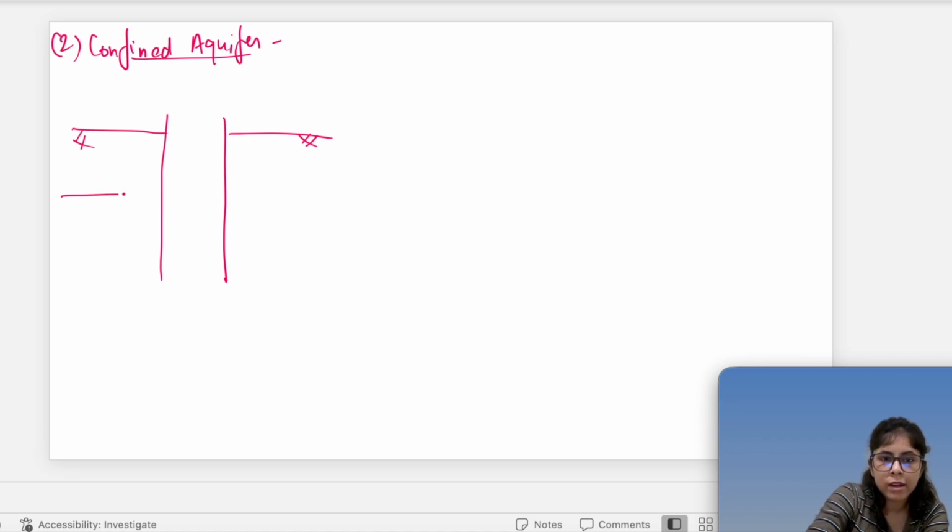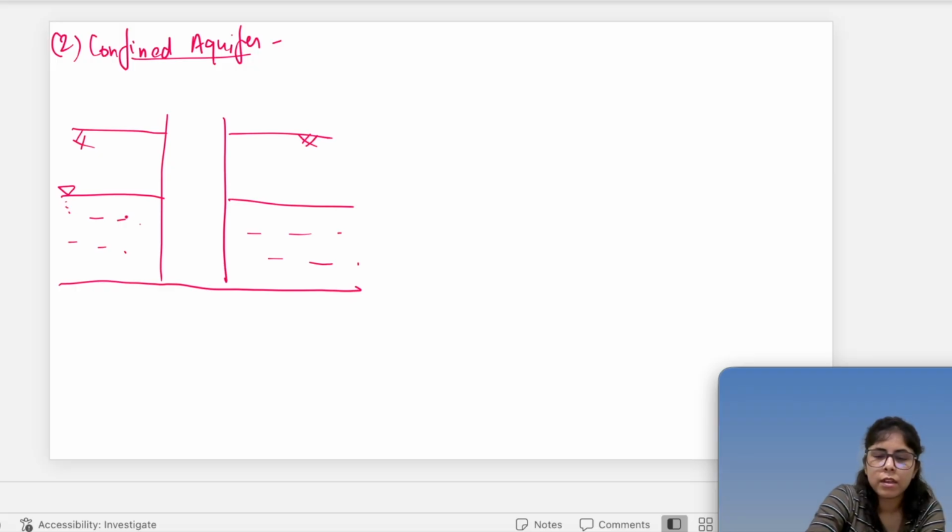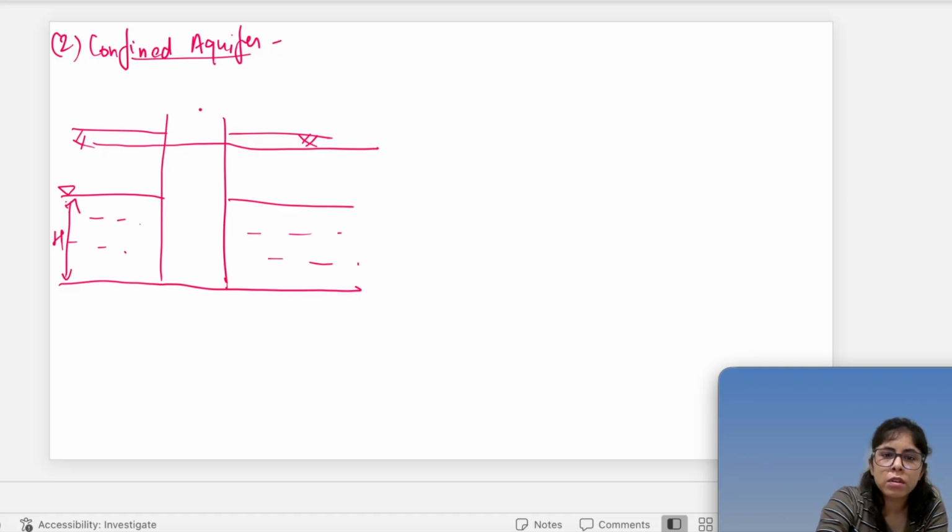You will be having a confined aquifer, so the water is in this confined area only. Okay, so this is water, this is water table, right? And then because the water is going out, there is some drawdown.